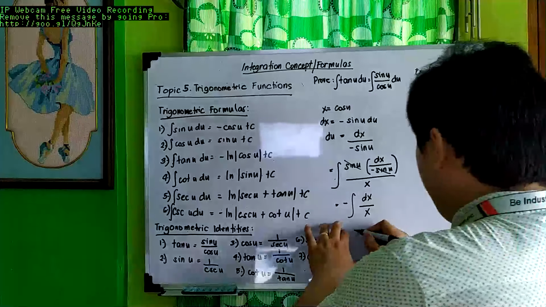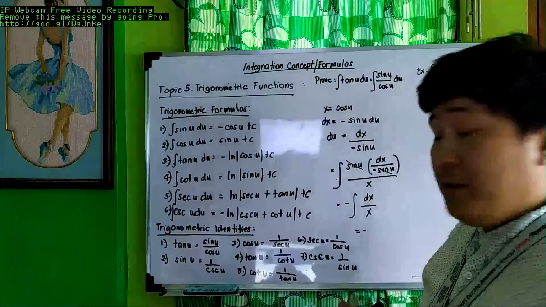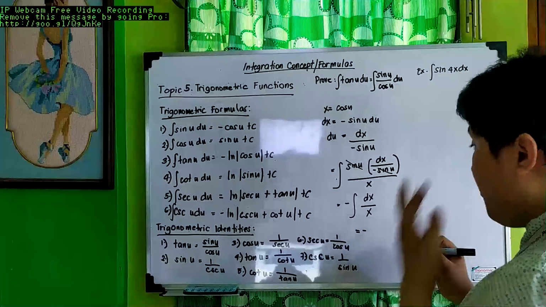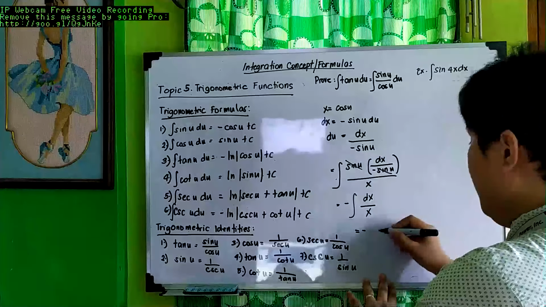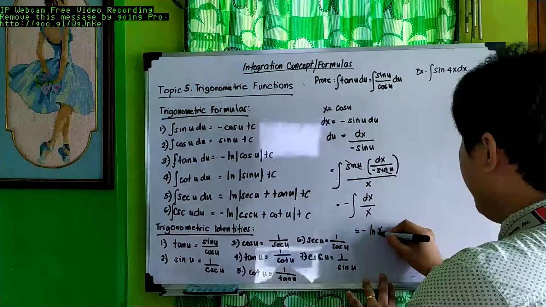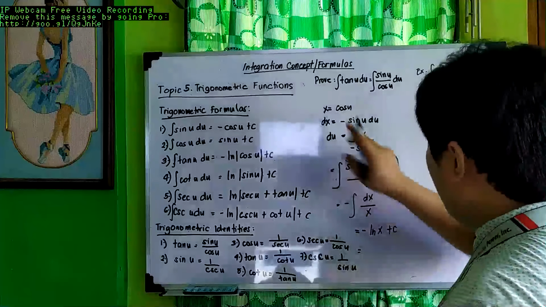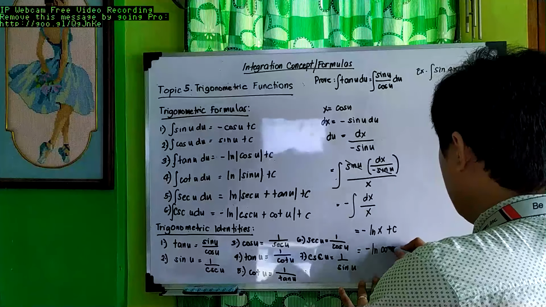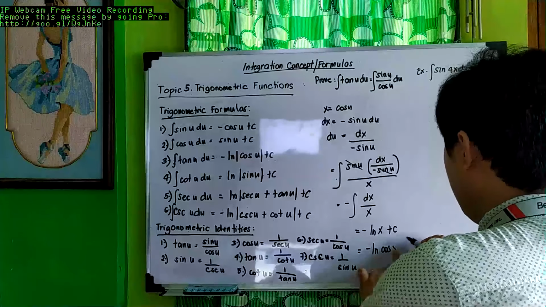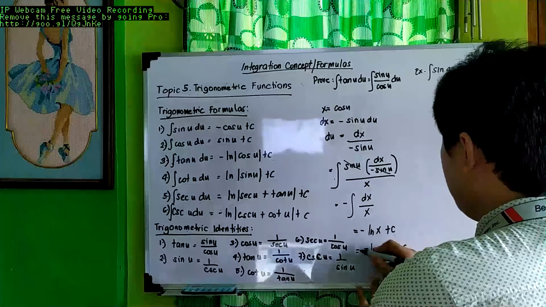And we know from the past topic on logarithmic functions that the integral of dx over x is ln of x plus c, where our x is equal to cosine u. So we have negative ln cosine u plus c.